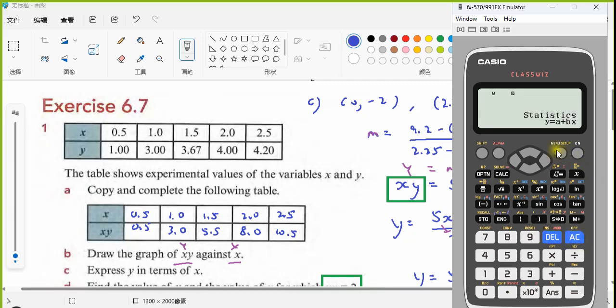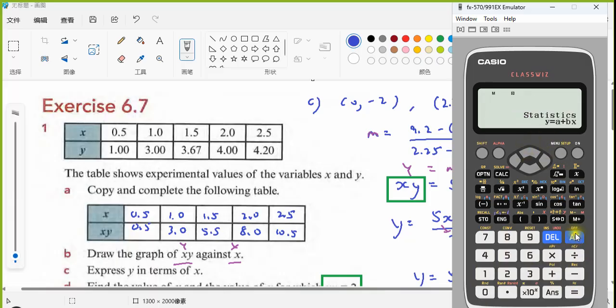What we do is we press menu, go to number 6, statistics, and then go to number 2, y equal to a plus bx. Then for the x we have 0, 0.5, 1, 1.5, 2, 2.5. And then for the y we have 0, 0.5, 3, 5.5, 8, and 10.5.